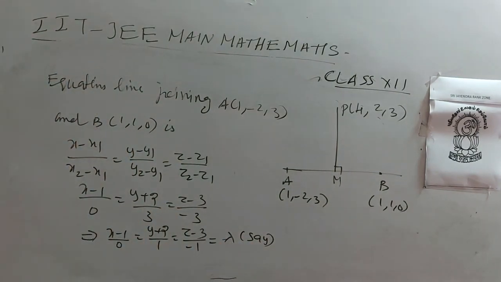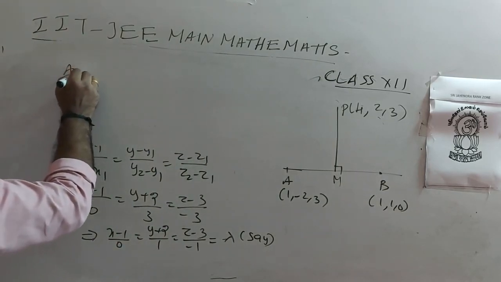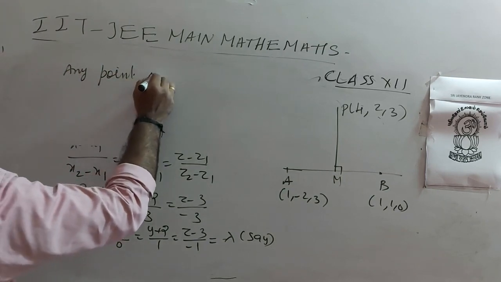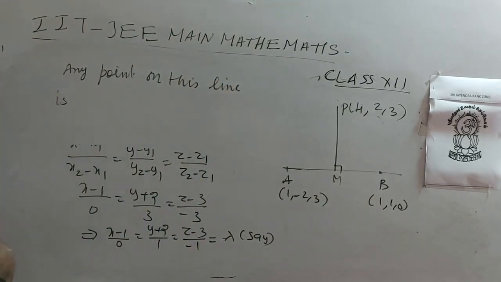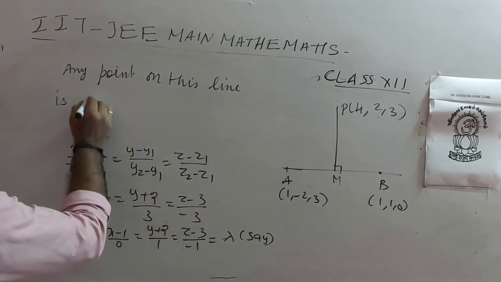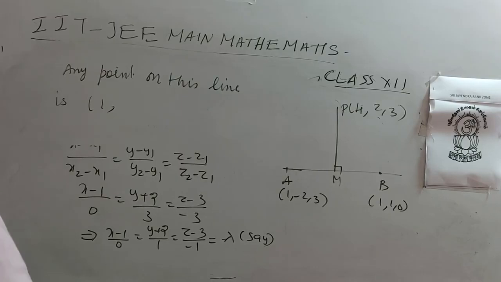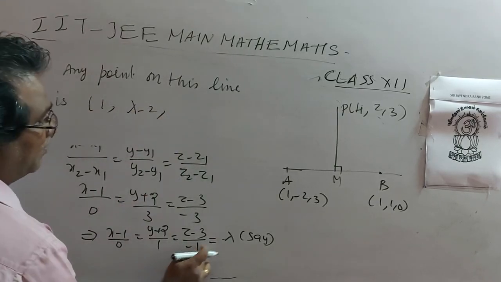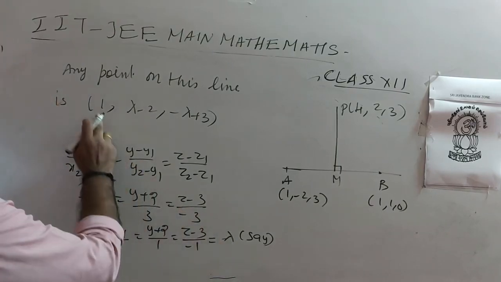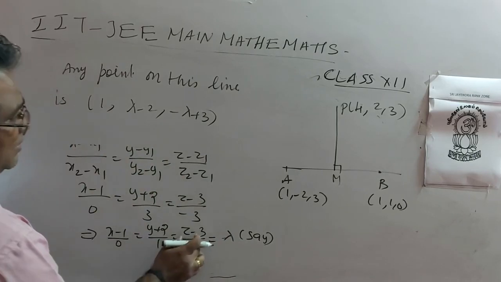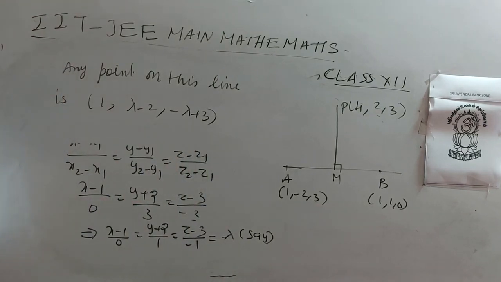I take this as lambda. So any point on this line is: comparing, (x minus 1) equal to 0 equal to lambda means x equal to 1; y plus 2 equal to lambda means y equal to lambda minus 2; (z minus 3) by minus 1 equal to lambda means z minus 3 equal to minus lambda, so z equal to minus lambda plus 3.